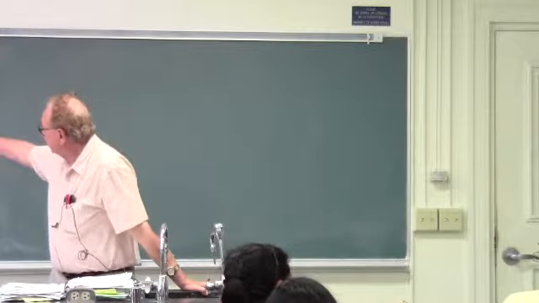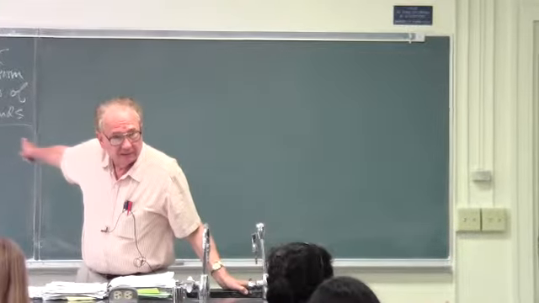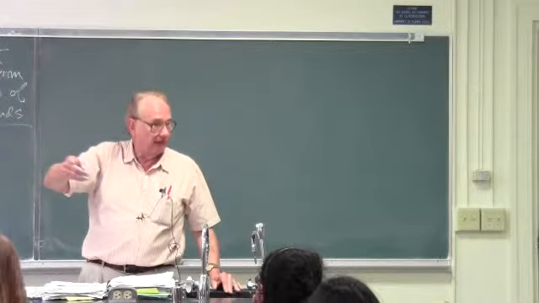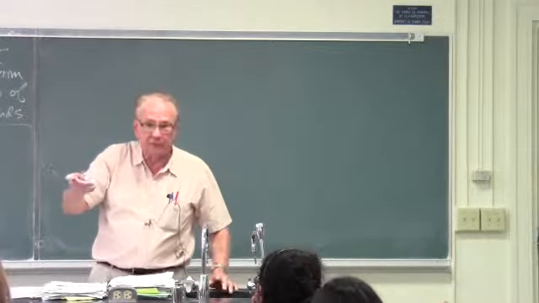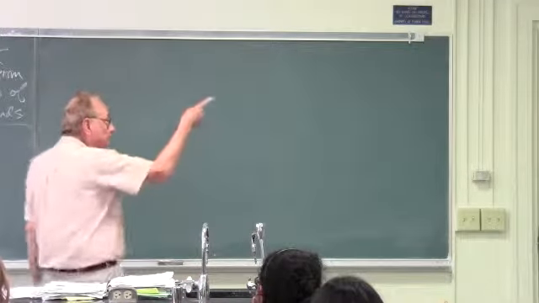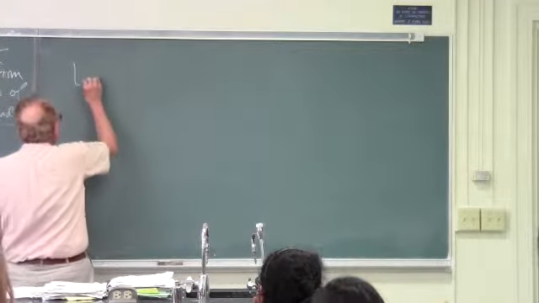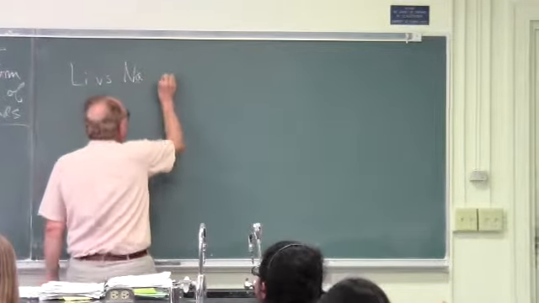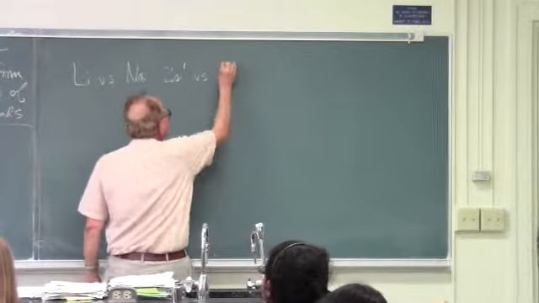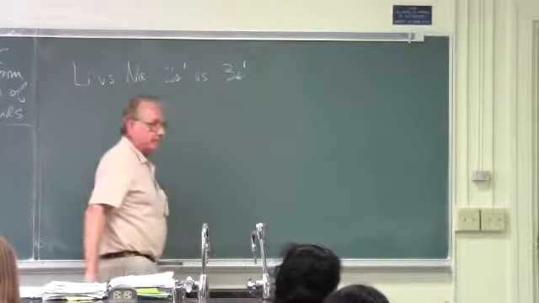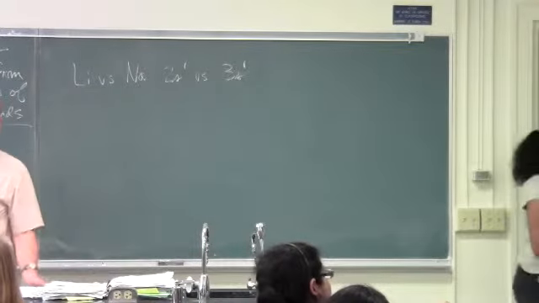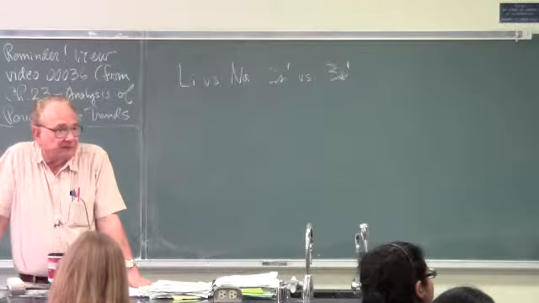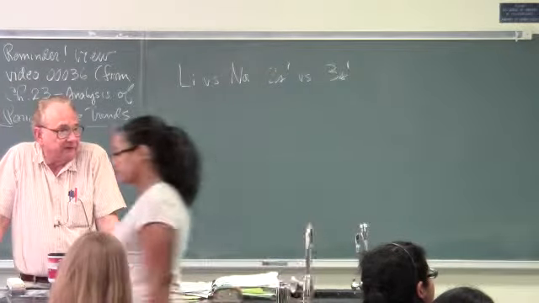And what the information in this video will tell you about, which again is presumably stuff you heard about in 2045, because I think the 2045 folks do pay attention to this, is when you go to lithium versus sodium, for example, the distinguishing feature of these two atoms is a 2s1 valence config for lithium versus a 3s1 valence config for sodium.